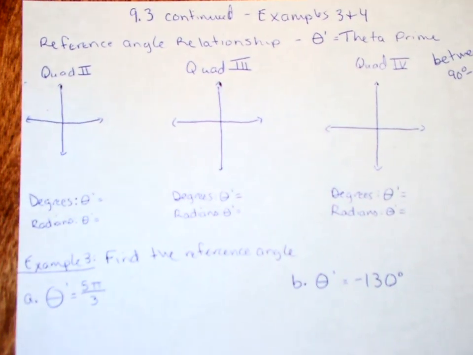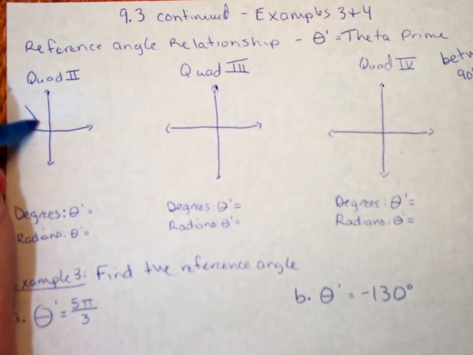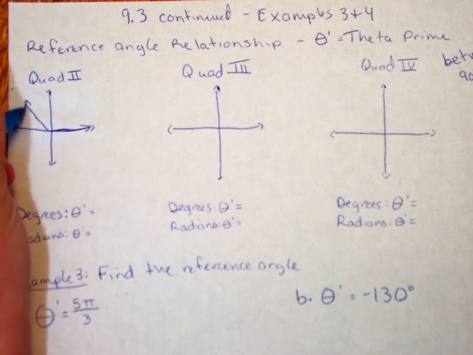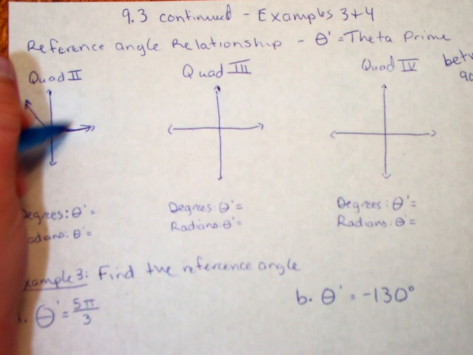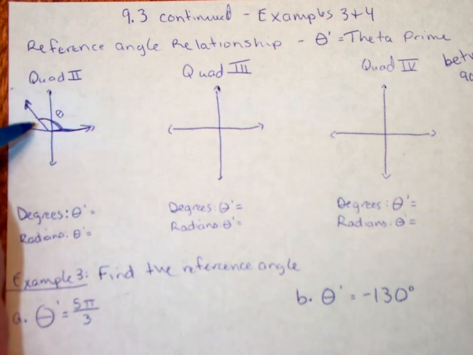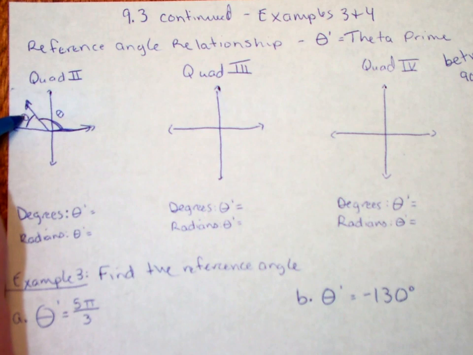Okay, so when an angle is in quadrant 2, that would maybe look something like this. Your angle is in quadrant 2 and your theta is this. That's what we're used to. Your theta is the actual angle. Your theta prime is the leftover spot between your angle and 180.